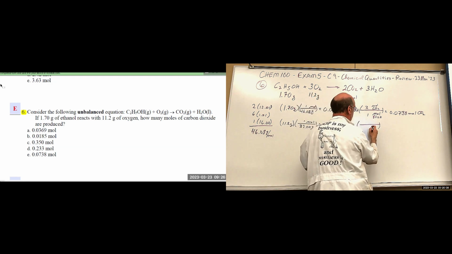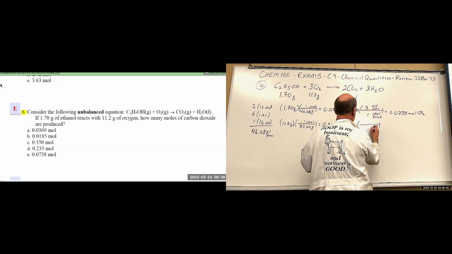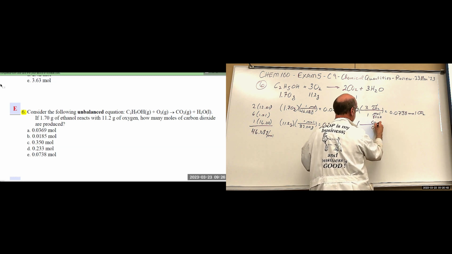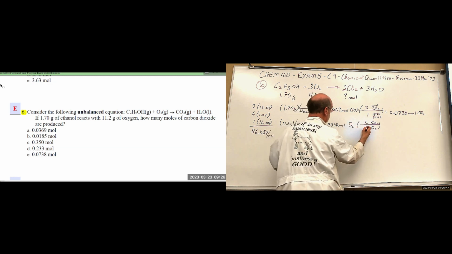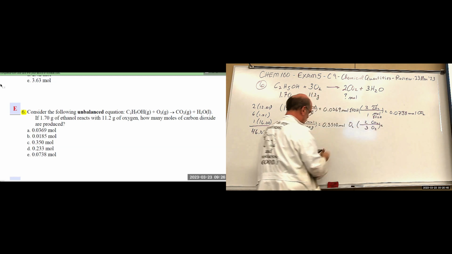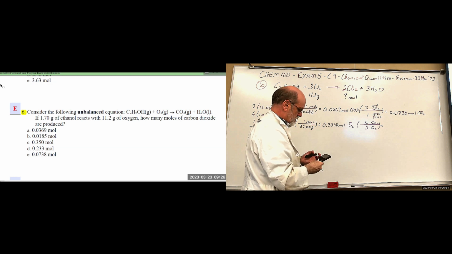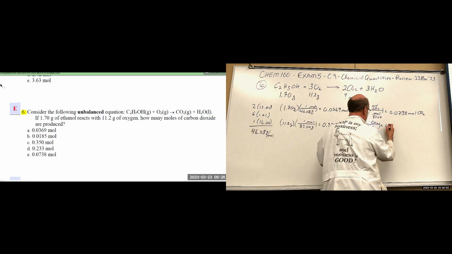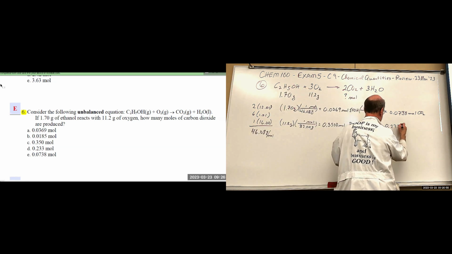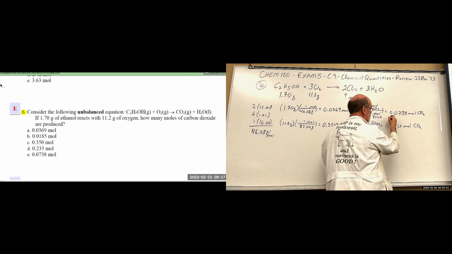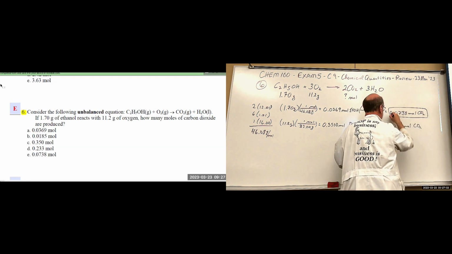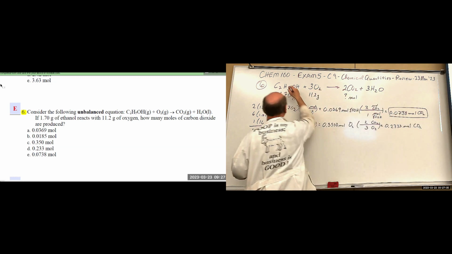Now let's find out how much CO2 can be produced. CO2 is still 2 here, and oxygen is 3 there. So 2/3 of that value would give us 0.2333 moles of CO2. Okay, so this is going to be the limiting.